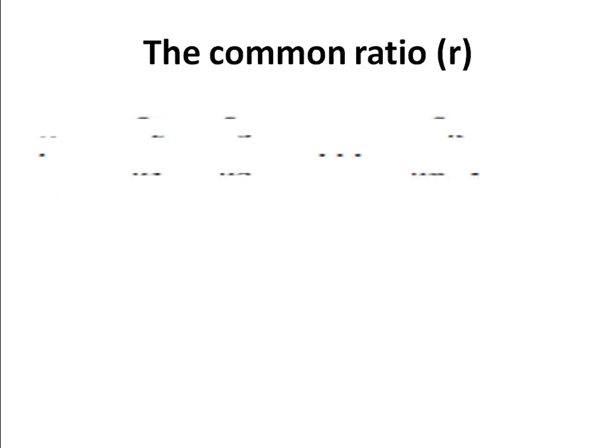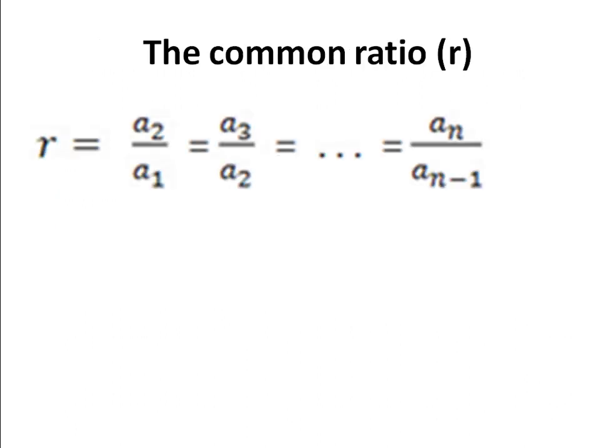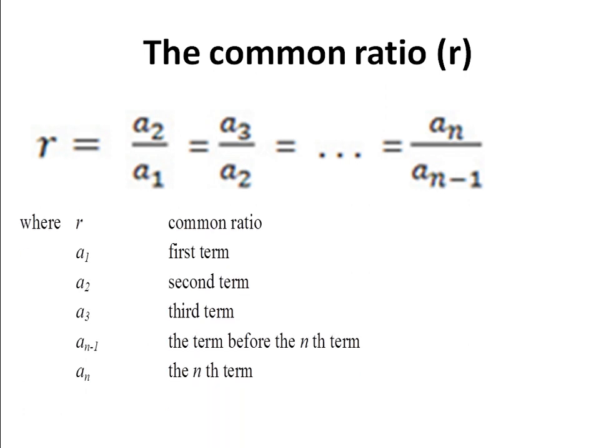Now you see here the common ratio R is equal to A2 divided by A1, A3 divided by A2 and so on. The final one is An divided by An minus 1. Here the explanation is given.